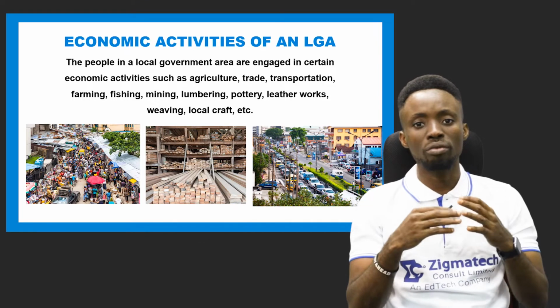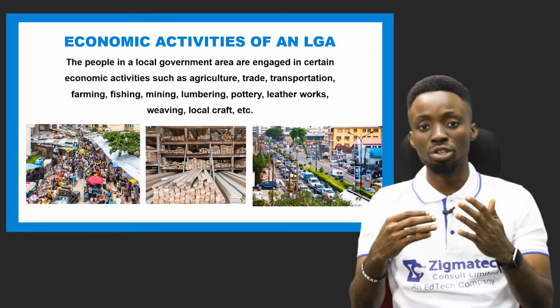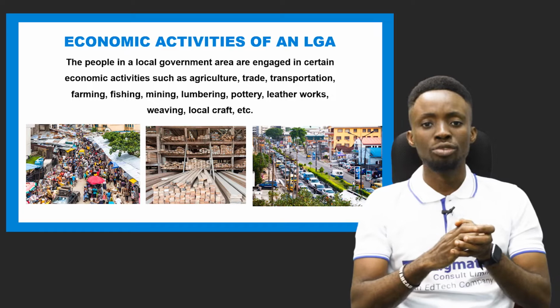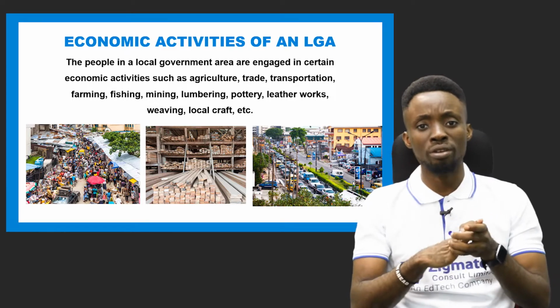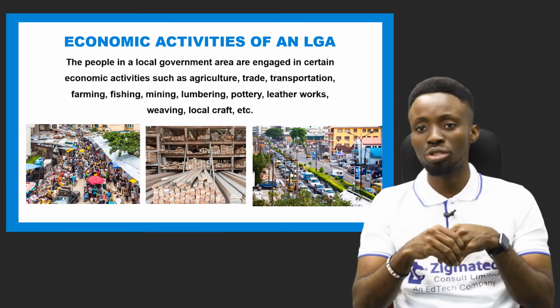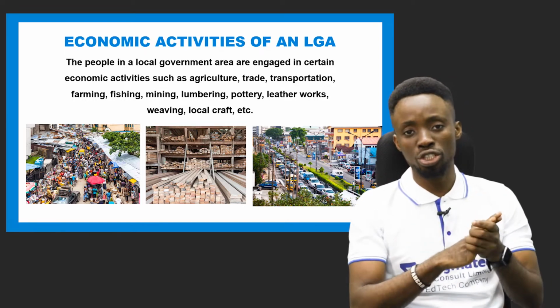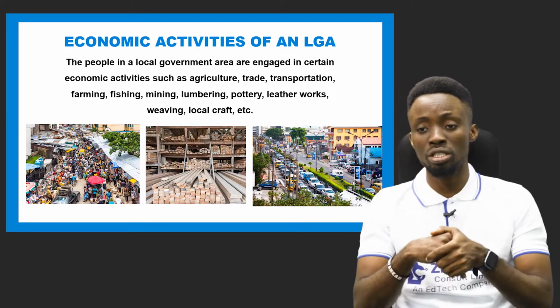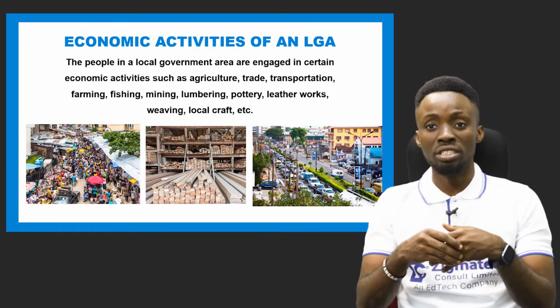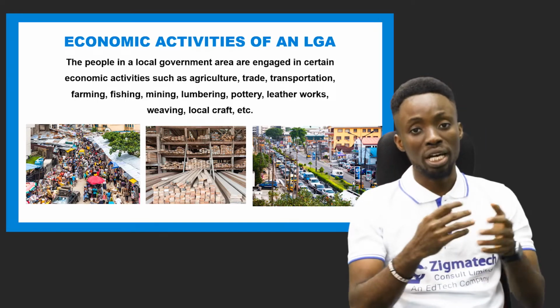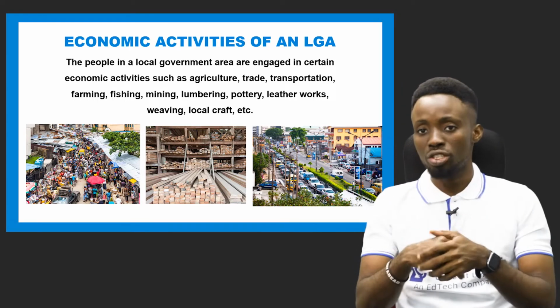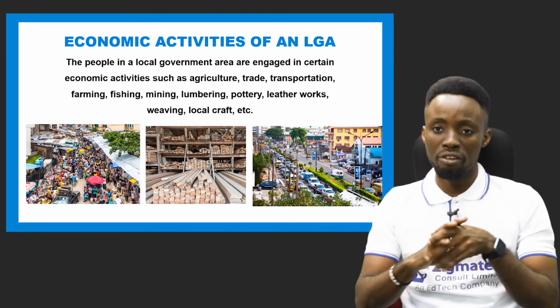Now, these local government areas are industrialized and developed, and some of them have industrial zones. So when you go to such places, you're definitely going to see industrial activities as one of the economic activities going on in these local government areas.